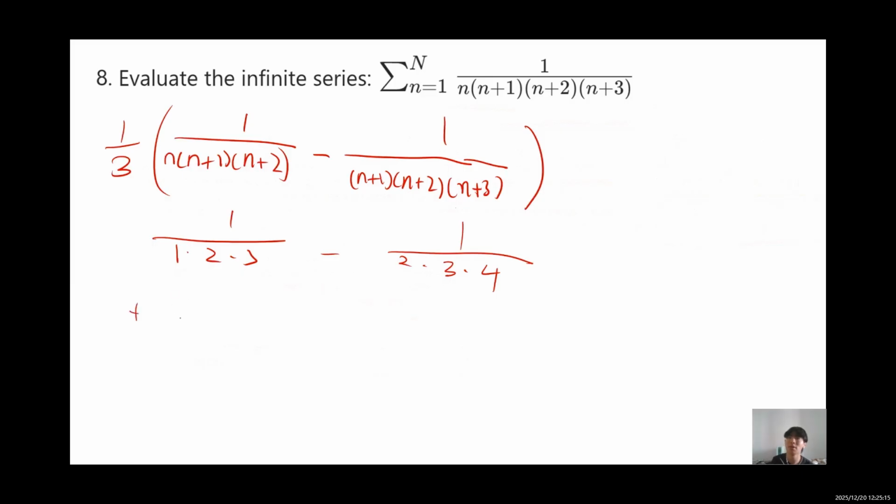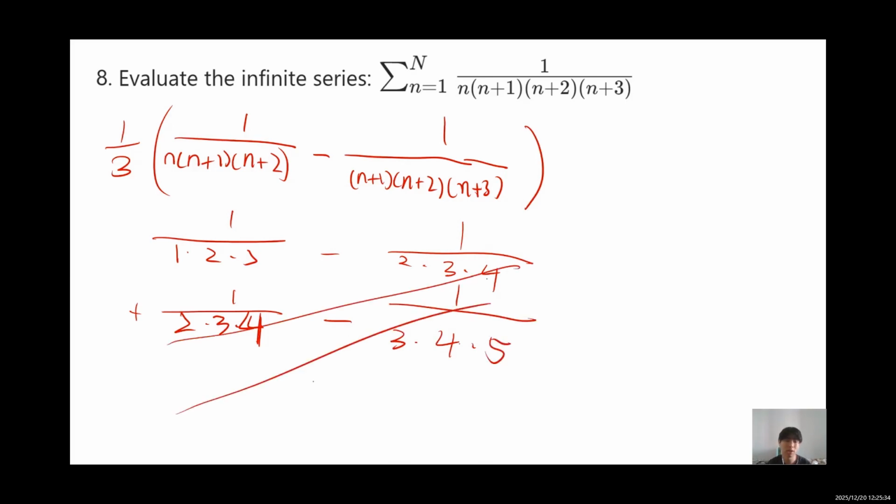And continue plugging in 2, 3, 4, minus 3, 4, 5. Okay, we can cancel. We already found the pattern of cancellation. So let's just find the last term.